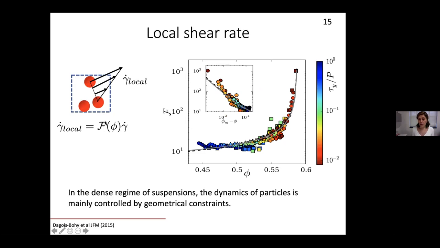We have measured that for a variety of materials, and all of our results overlap on a master curve, and it shows that this geometric function f just depends on the solid volume fraction. It does not depend on the type of suspending fluid.